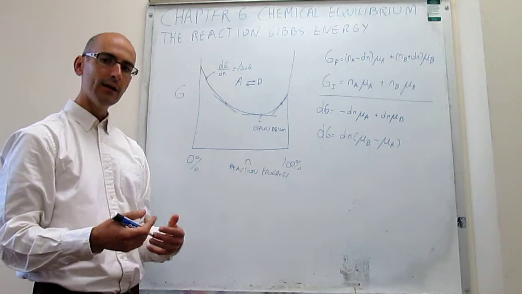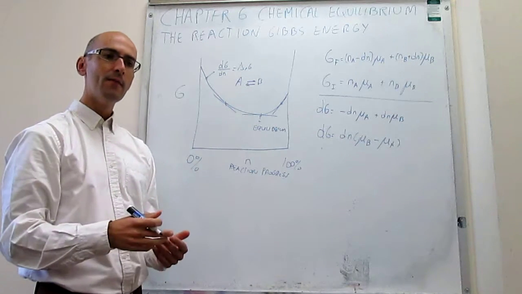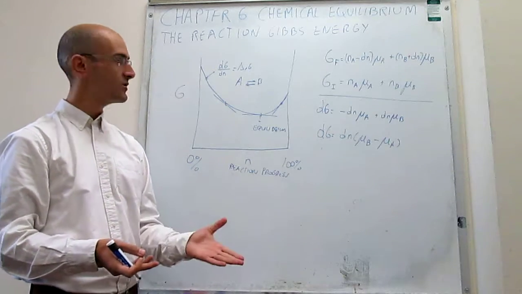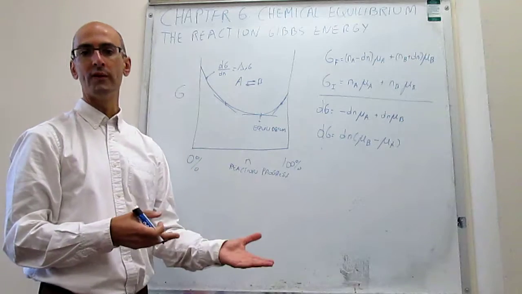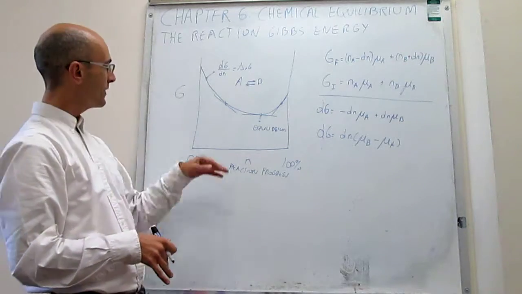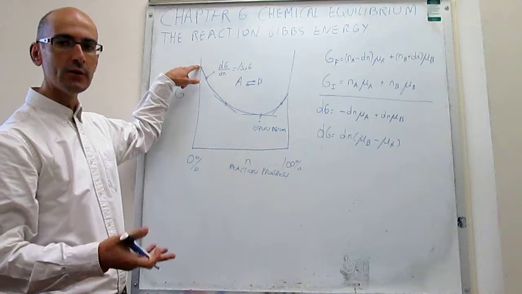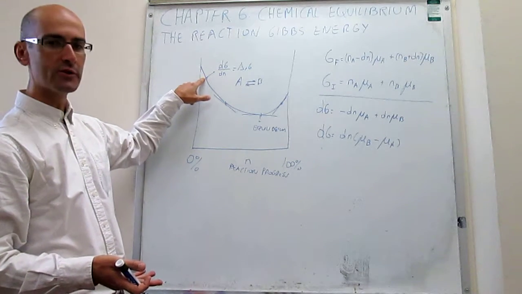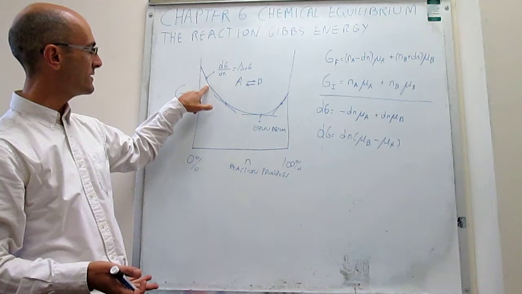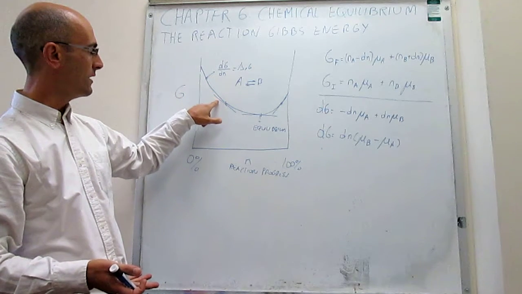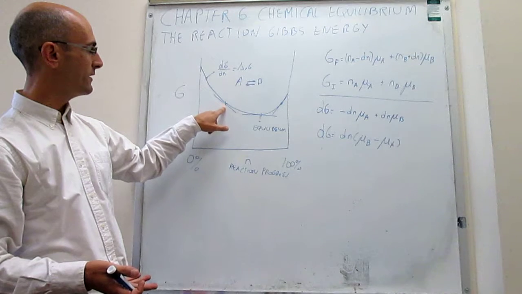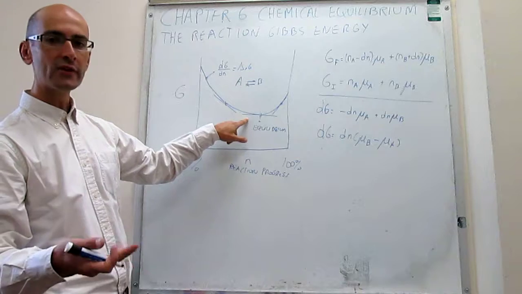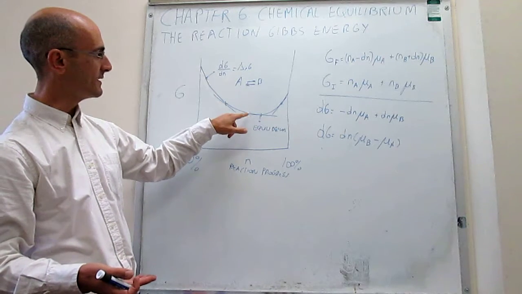Let's summarize this graph by looking at operationally how the reaction will take place. Initially, you will start the reaction with 100% A and no product. This will be this point. You let the reaction go, and the reaction will be spontaneous, so A will be turning into B. Now you'll have 90% of A, 10% of B, 80-20, 70-30, 60-40, then 50-50, and the reaction will continue to go because the slope is still negative.